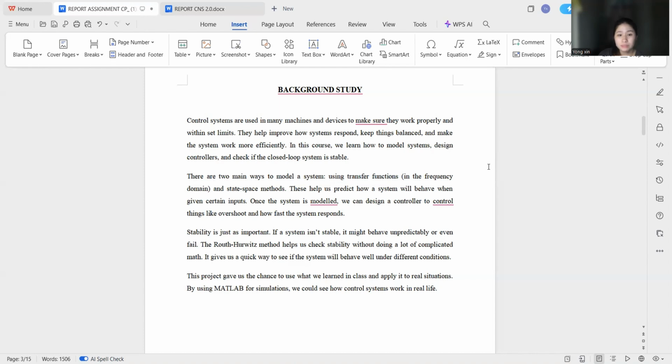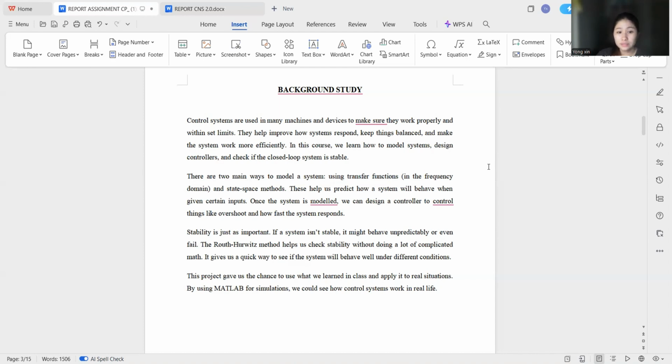Once the system is modeled, we can design a controller to control things like overshoot and how fast the system responds. And also stability is important. If a system is not stable, it might behave unpredictably or even fail.